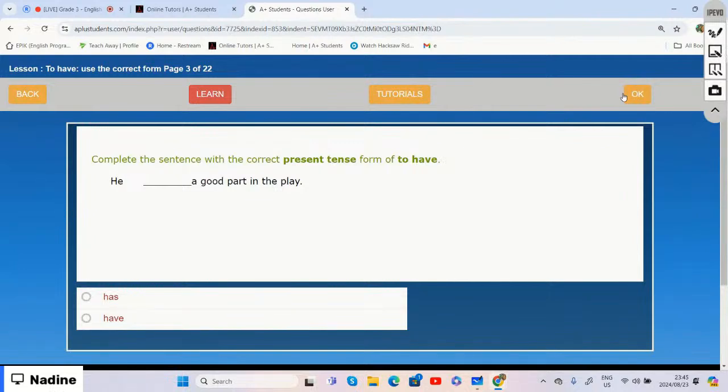All right, and the next one, it says he. This is in the present tense. He has a good part in the play, or he have a good part in the play. We need to choose the correct form.